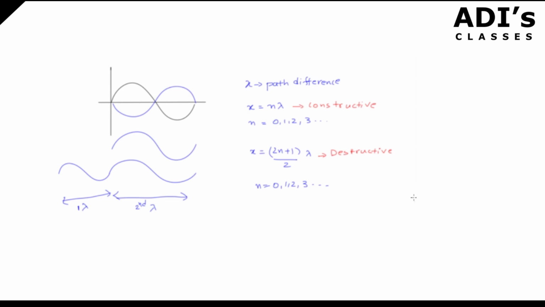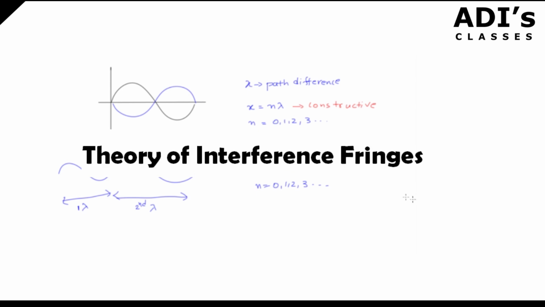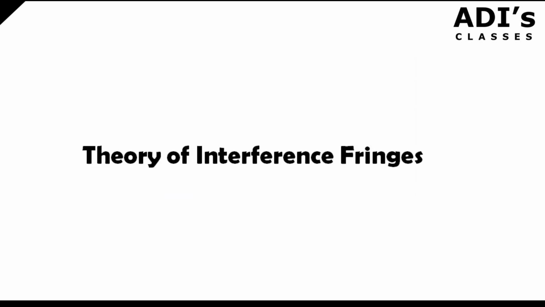Because if this is 1, if you move half the way, then you get 1 and a half, which is where crest and trough will meet. So if x is equal to (2n plus 1) by 2 into lambda, then you will have a destructive interference. Here also n starts from 0, 1, 2, 3, and on and on.